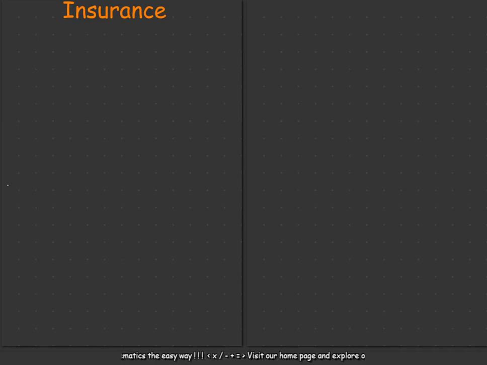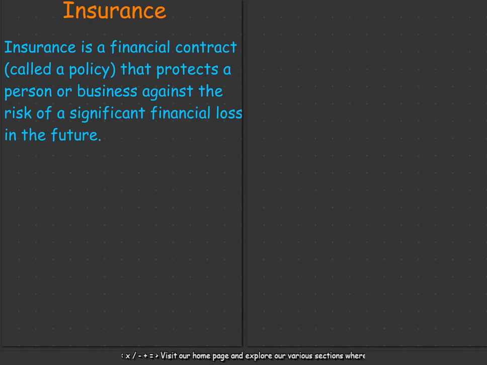So the definition is as you see on your screen. It's a financial contract that protects a person or business against the risks of significant financial loss in the future. Now, the insured person usually pays a small amount, as I have said, that is the premium, regularly to the company to insure the asset.